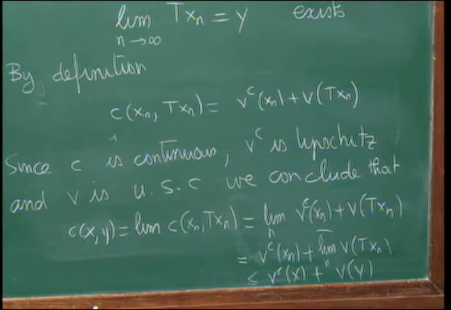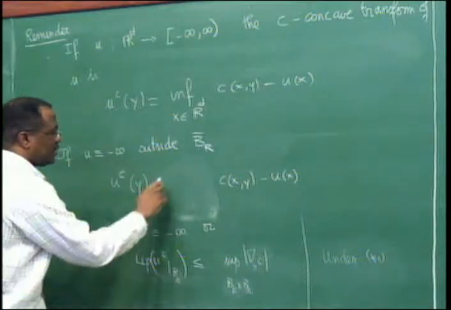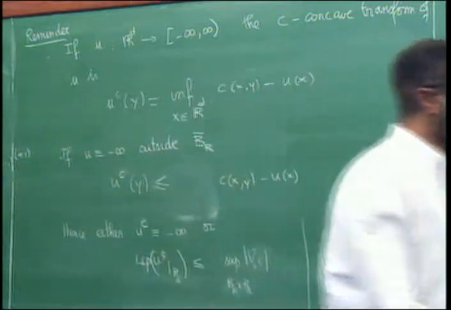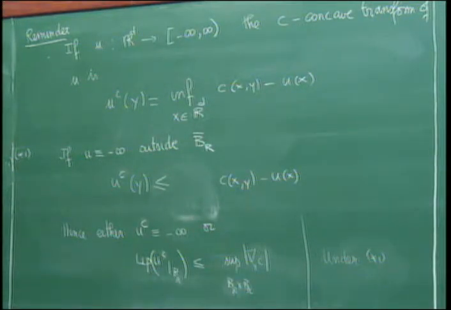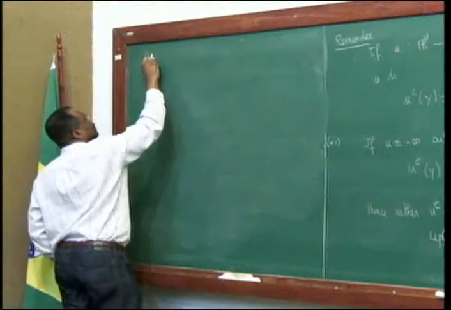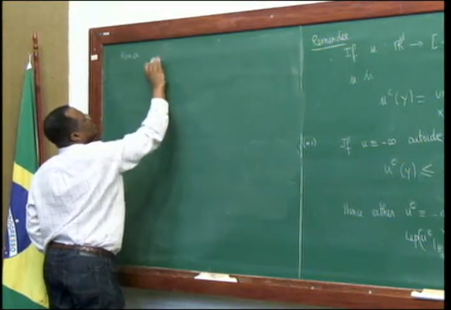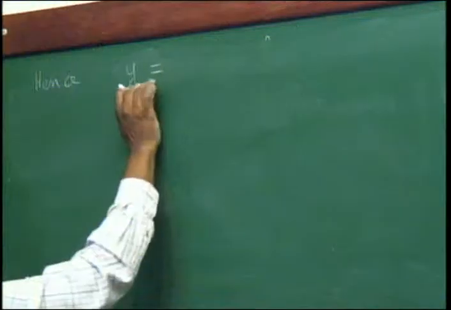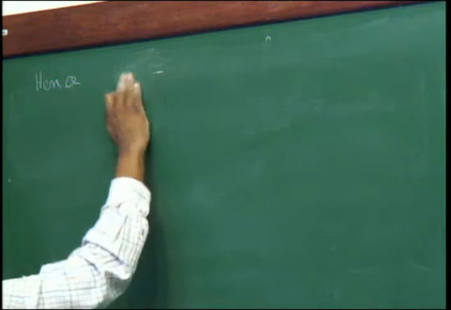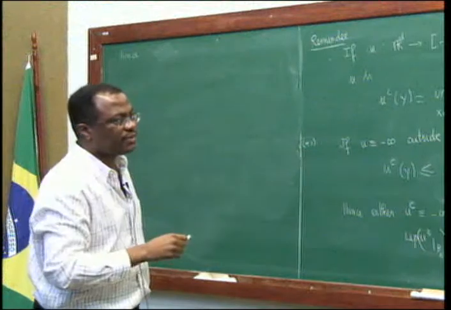If I look at this definition, it is telling me that this inequality holds everywhere. If the reverse inequality holds somewhere, it means that y is a minimum. Hence, let me rewrite what is there.